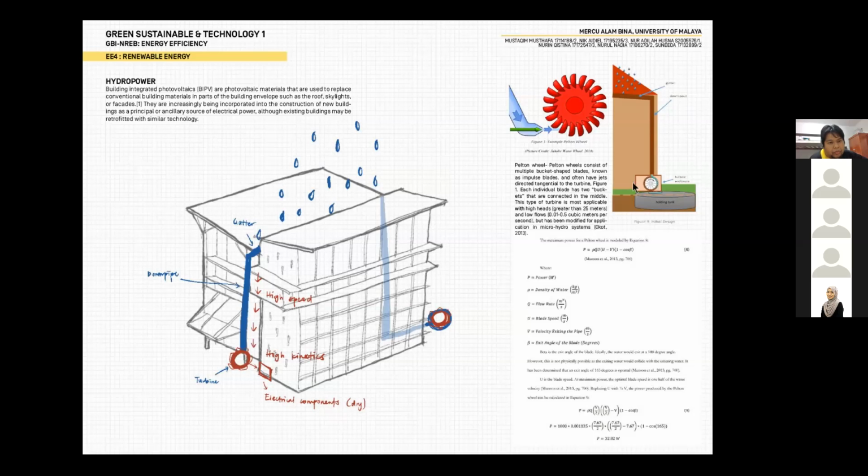But I've yet to calculate how much it can actually generate. But I will do that, because I think this is a much cheaper option, because it's just putting turbines on the rainwater downpipe, with a slight design, compared to the PV panels.